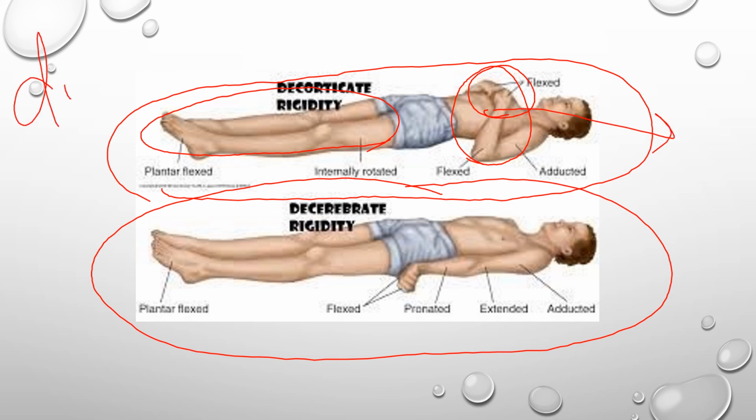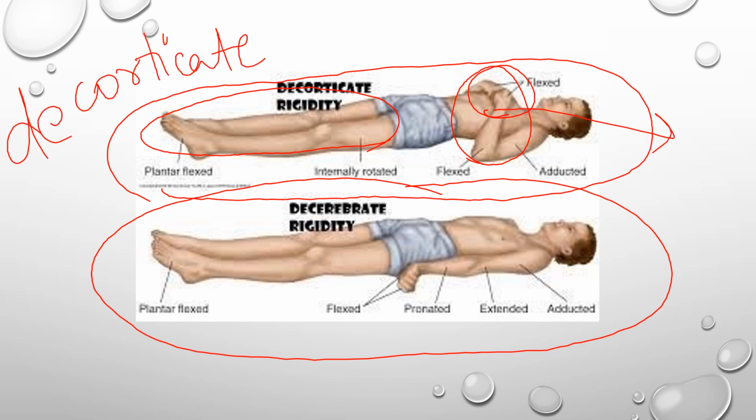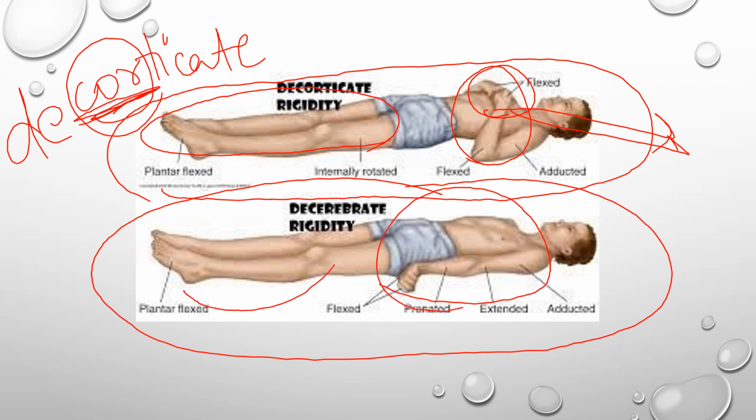So from decorticate, core, we can remember that the hands will be near the core or heart, whereas in decerebrate there will be the opposite case, where there will be extension of both the upper and lower limbs.